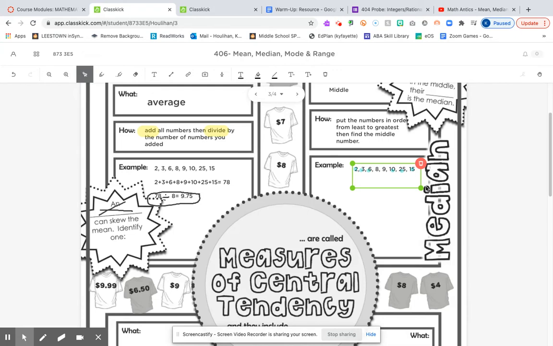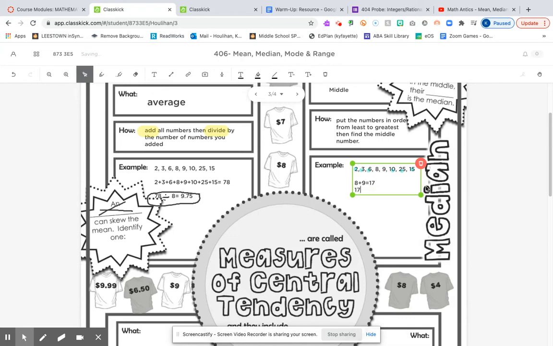So to find what our median is, since there's not one direct number in the middle, I'm going to do 8 plus 9, and that gives me 17.